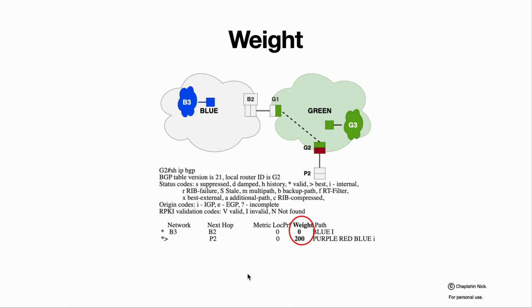It means that Cisco and vendors that use a Cisco-like CLI will use this weight command. This weight command is device specific and peer specific or next hop specific.